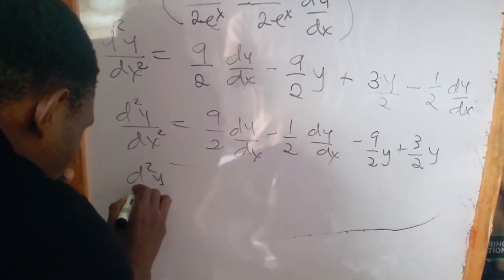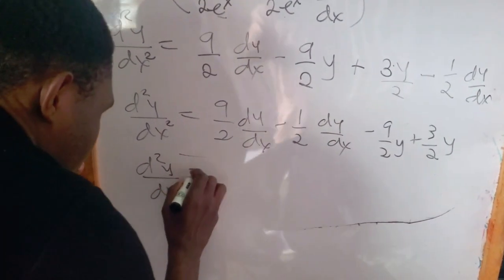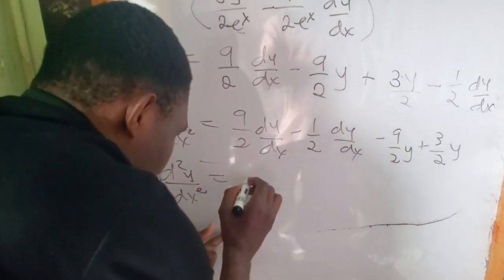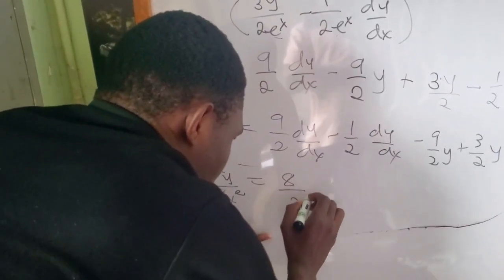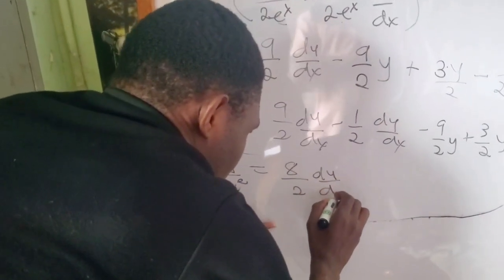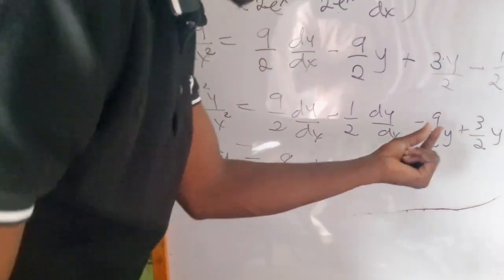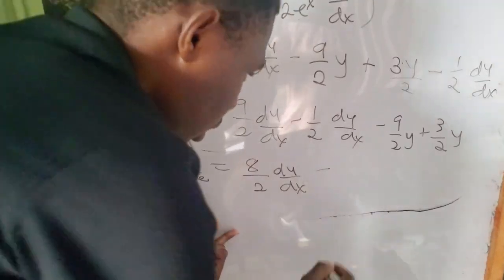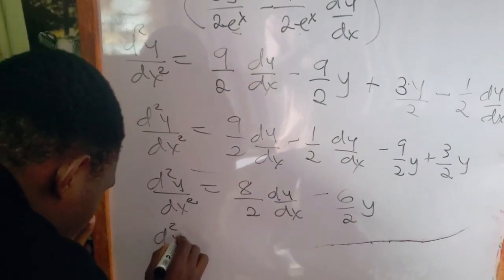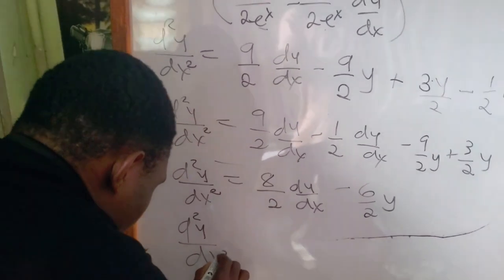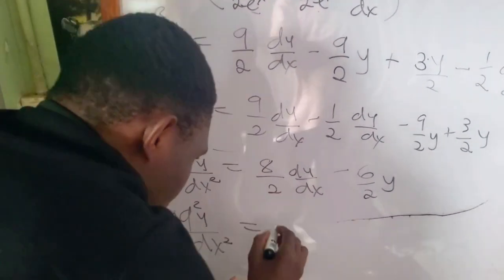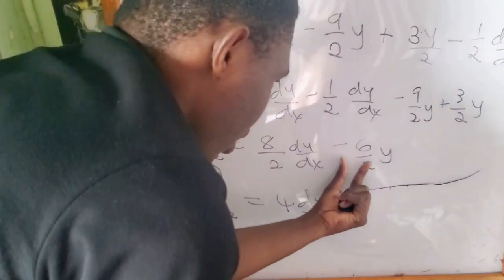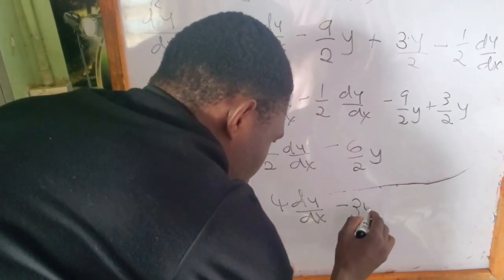The 2y dx squared is equal to 9 half minus 1 half, that will give you 8 divided by 2, dy dx, minus 9 over 2 plus 3 over 2, that is minus 6 over 2. So 8 divided by 2 is 4, 4 dy dx, minus 6 divided by 2 is minus 3y.